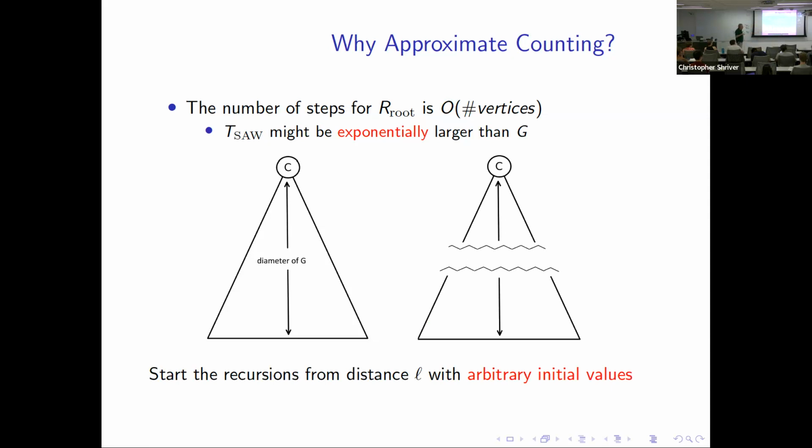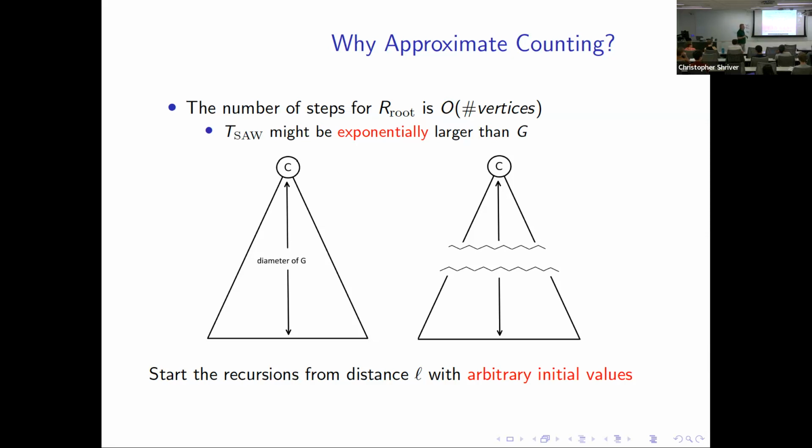Instead of starting the recursion from the bottom level, we start the recursion from level L, so that the computation we need for the marginal at the root is polynomial time. And the initial condition for the recursion is arbitrary. We don't really have a way to assume that we know something about the ratios at this level of the tree. Is it clear what we're doing?